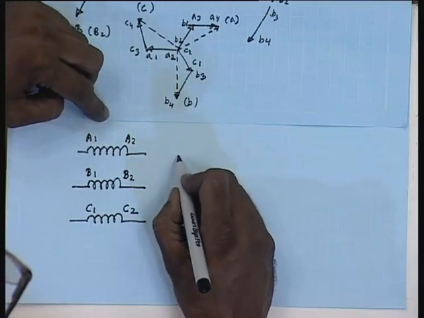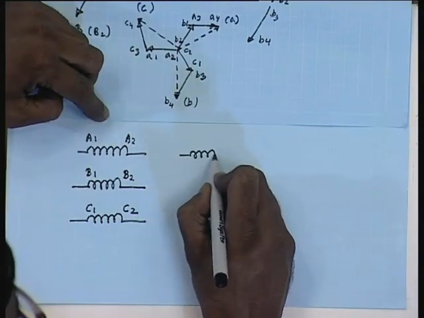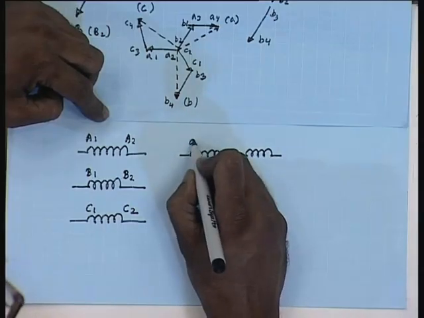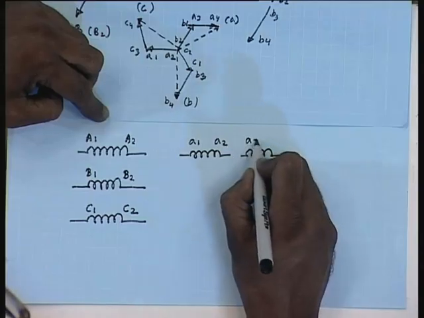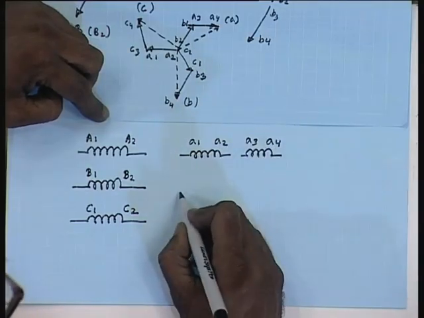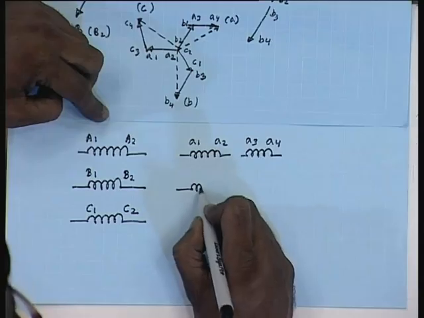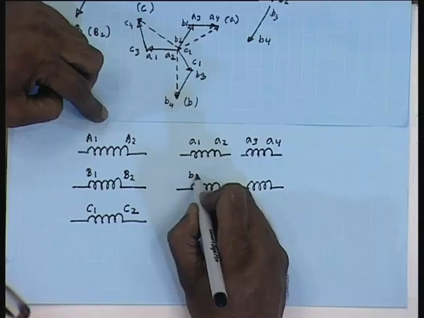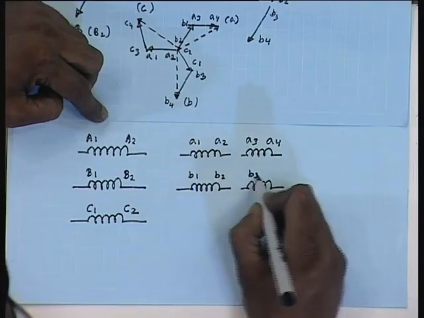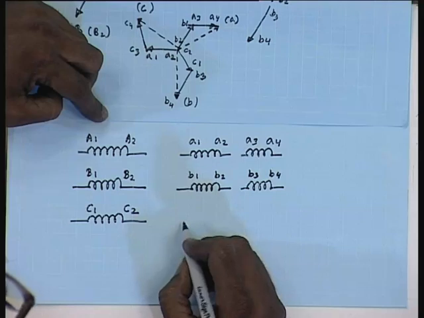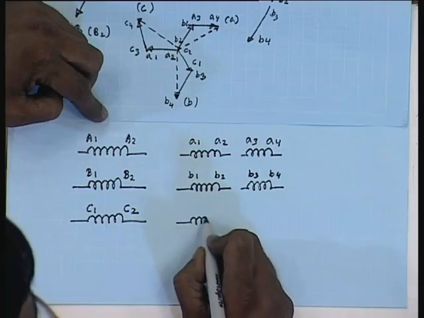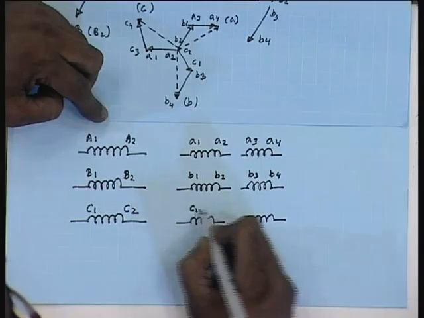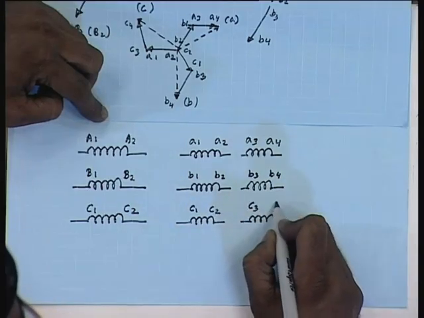There are 6 windings on the low voltage side: A1, A2, A3, A4, B1, B2, B3, B4, C1, C2, C3, C4.